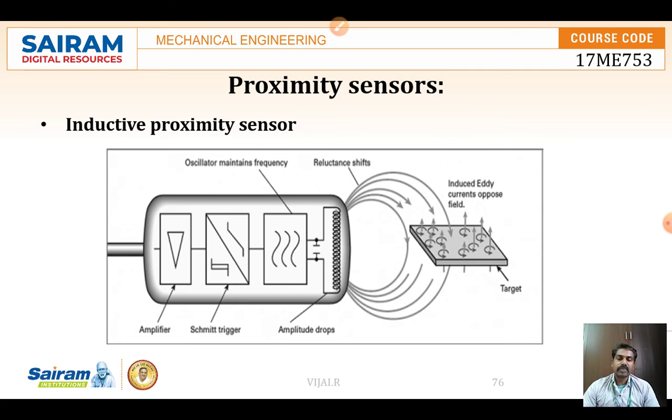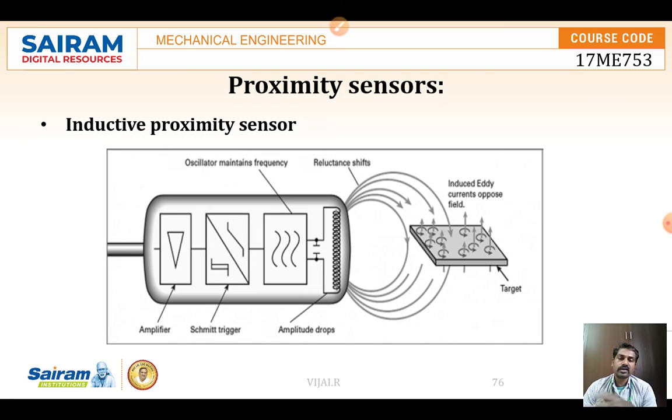When power supply is given, the oscillator produces and maintains a frequency. When that frequency-level current flows through the coil, an electromagnetic field is produced, and it spreads around the coil at the front face.